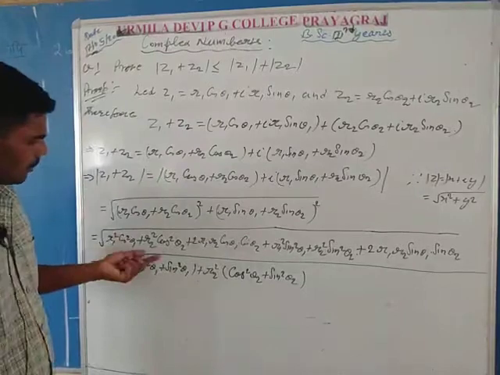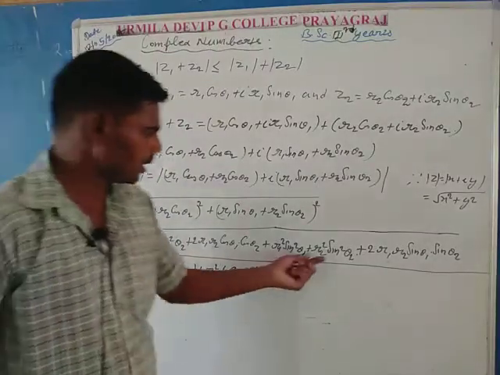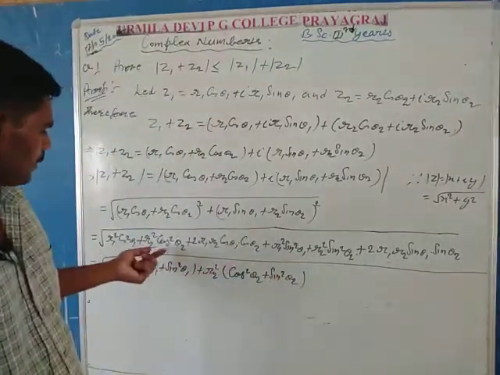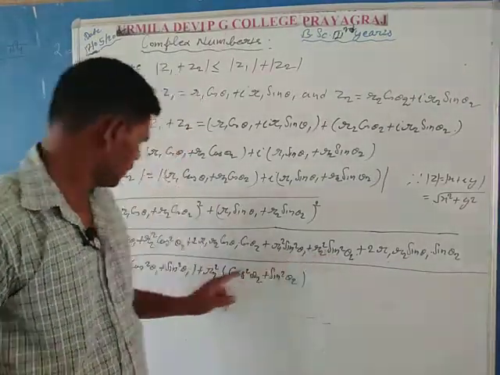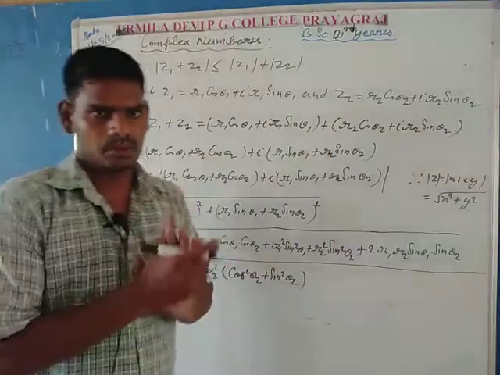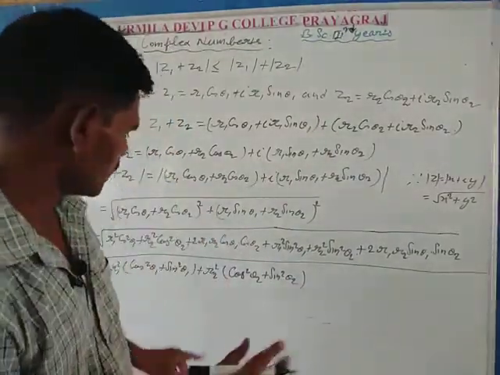Here we have r1 square cos square theta 1 and r1 square sin square theta 1, and r2 square cos square theta 2 and r2 square sin square theta 2. These are taken in one bracket with r2 square taken outside the bracket.